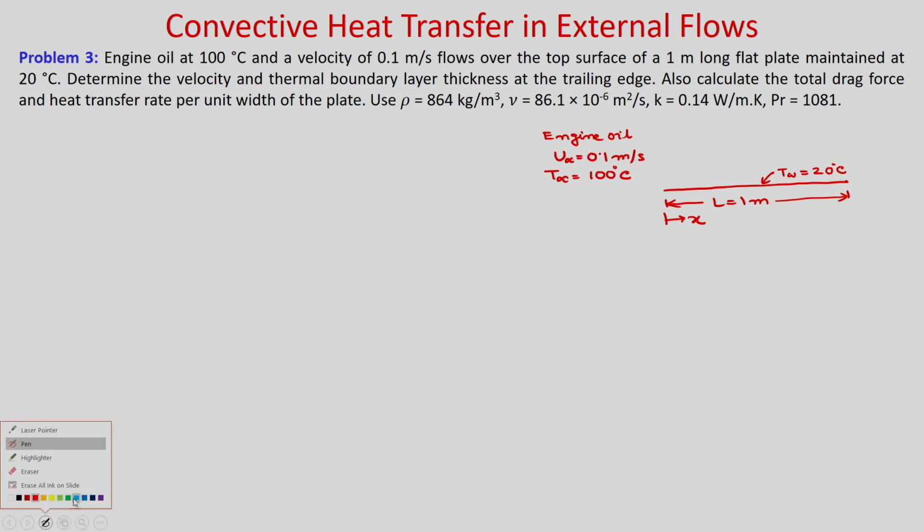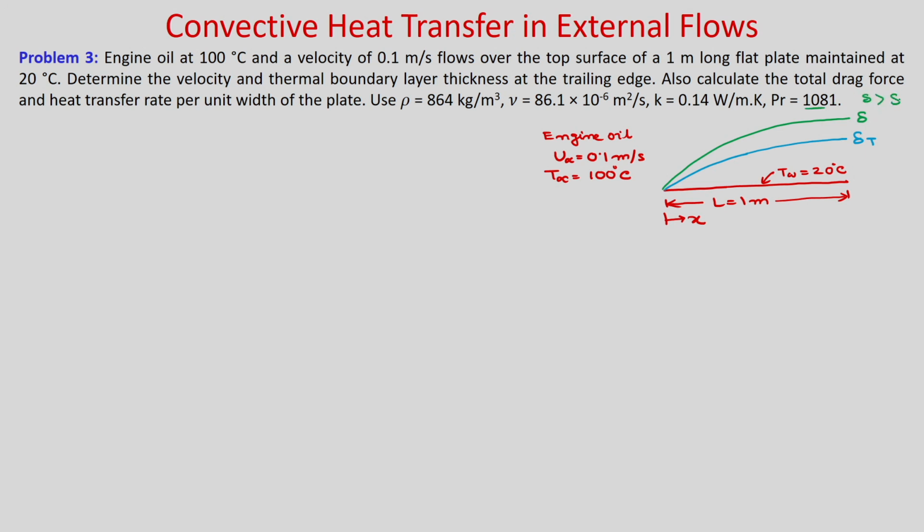Now, we need to determine the thermal boundary layer thickness delta T and your hydrodynamic boundary layer thickness delta. You can see Prandtl number is 1081, so it is much greater than 1, and obviously delta will be greater than delta T.